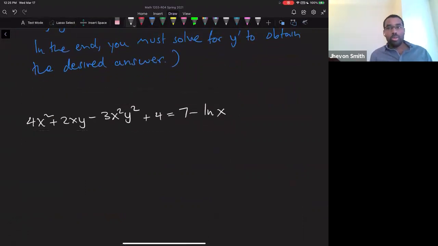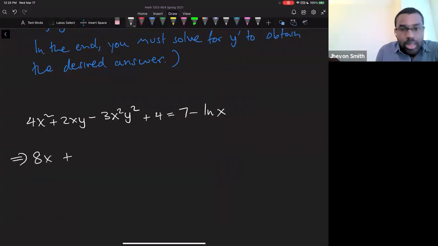Okay, so you'll have this, and the goal is to find y prime. Well, you go through, differentiate as usual, derivative of 4x squared, 8x, plus derivative of 2xy. Oh, there's an x and a y. For this, I would need product rule because it's the product of functions.